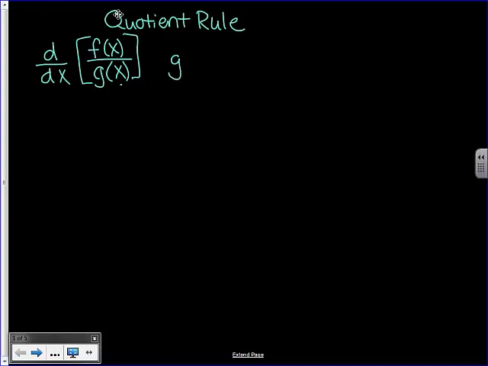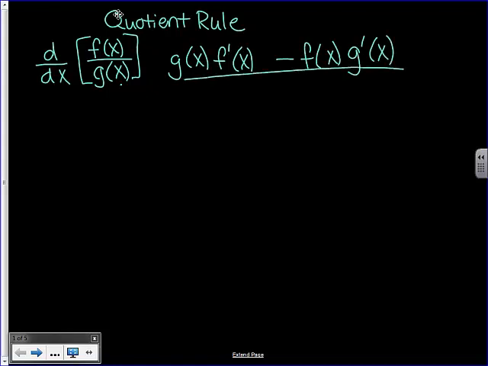So g of x times f prime of x minus bow de toe, minus toe de bow. So top times the derivative of the bottom. So f of x times g prime of x all over bow. In other words, g of x squared, all of g of x times g of x.